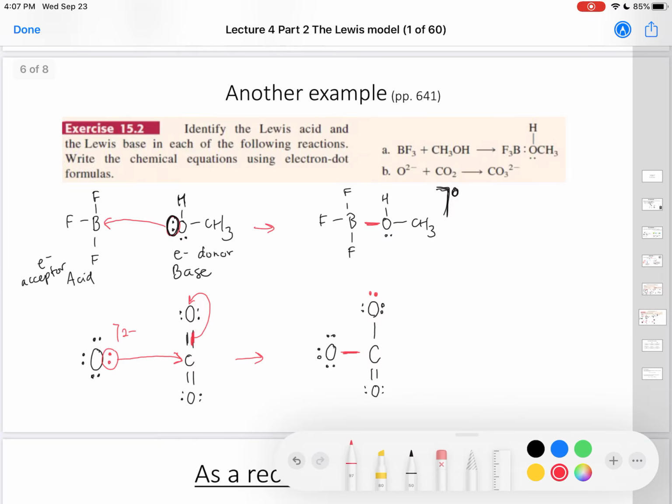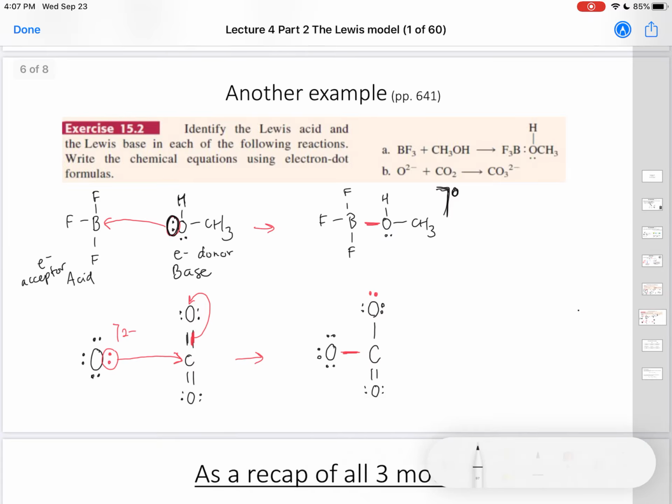Notice in this particular case, everything still has an octet. It should have an overall charge of 2 minus. Why? Because the oxygen was 2 minus, the carbon dioxide was neutral, so 2 minus plus 0 still gives you 2 minus. This is another way to draw carbonate, or CO3 2 minus.